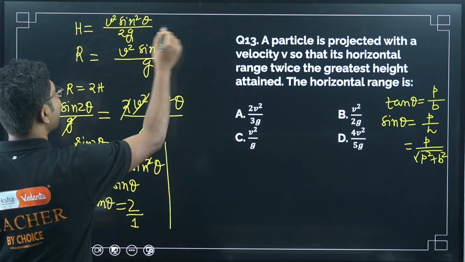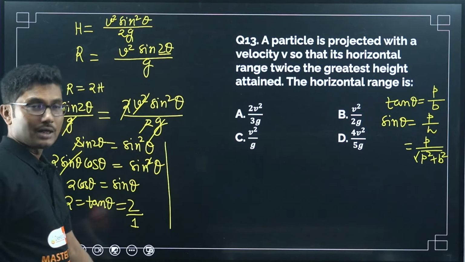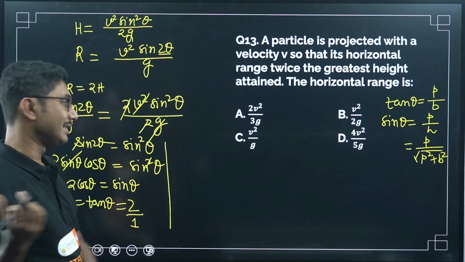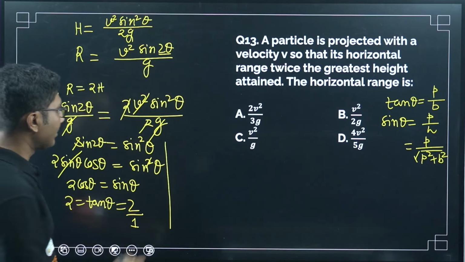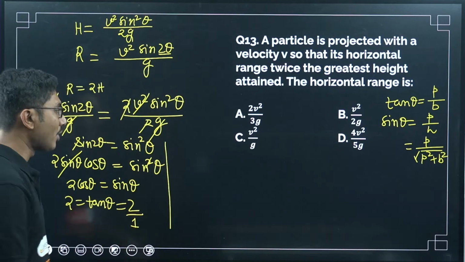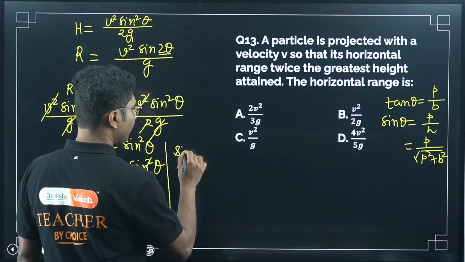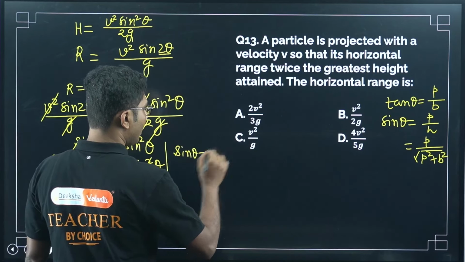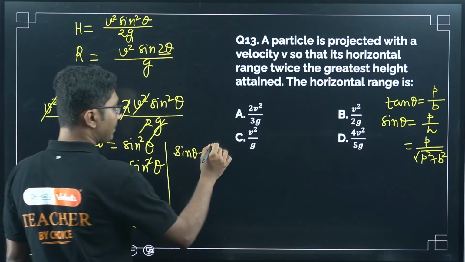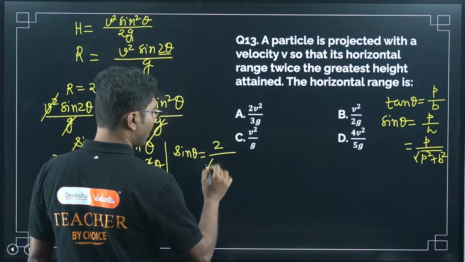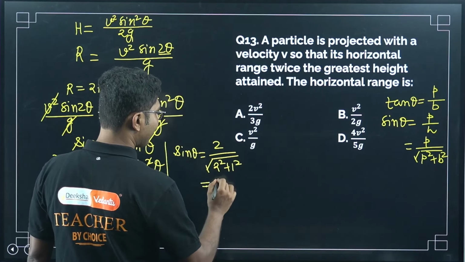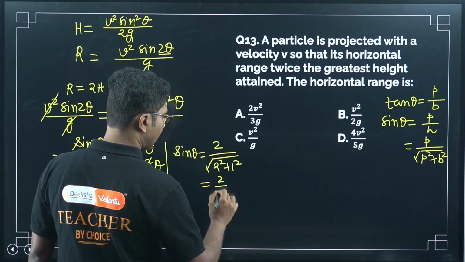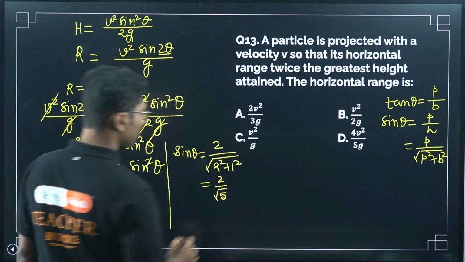Range is basically sine 2 theta, so we are interested in finding sine theta. Since tan theta is 2 by 1, sine theta equals perpendicular by hypotenuse, where hypotenuse is root of 2 square plus 1 square. This is the advantage of using trigonometry. So it is 2 by root 5.